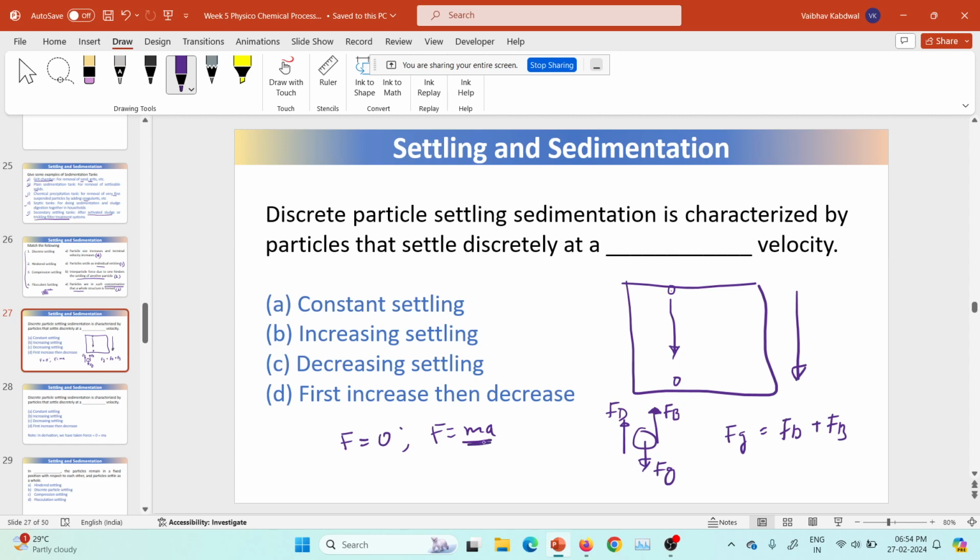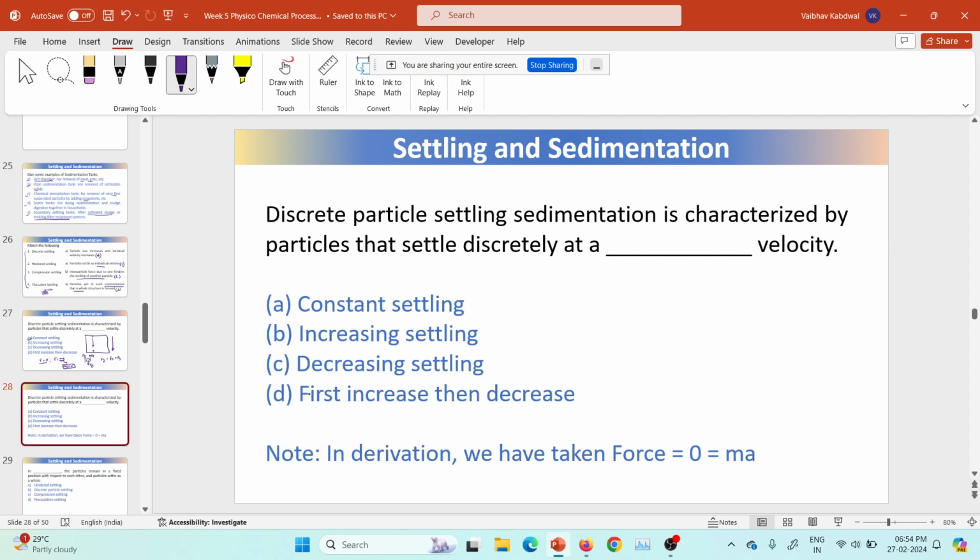In that case, we took an assumption that the total external force acting on the particle is zero. The force being zero means acceleration is zero. If acceleration is zero, it is moving at a constant velocity, and that constant velocity is the terminal settling velocity. Constant settling.